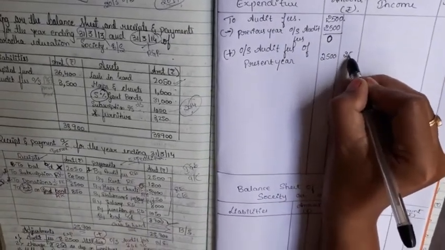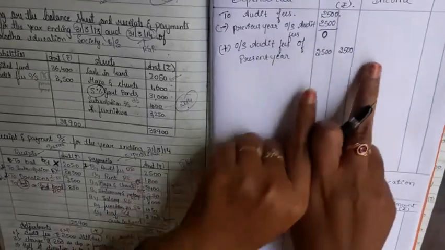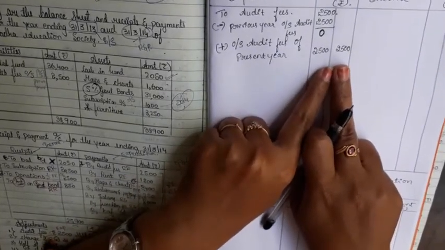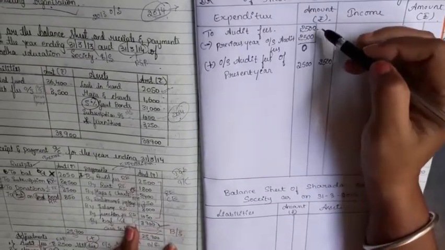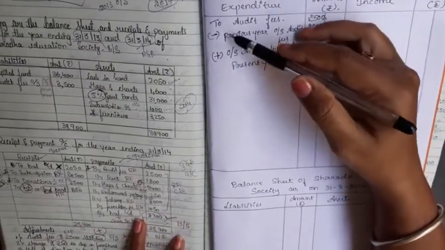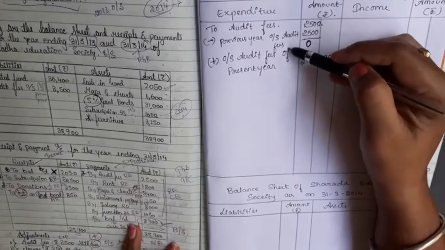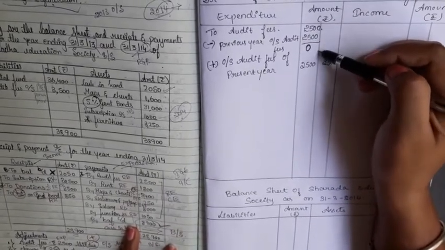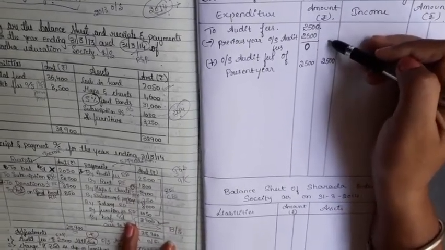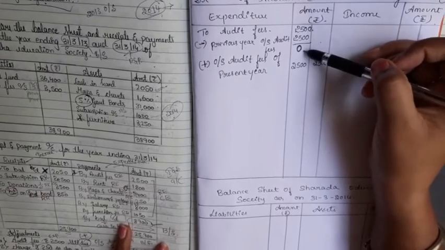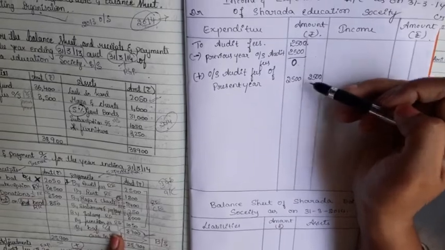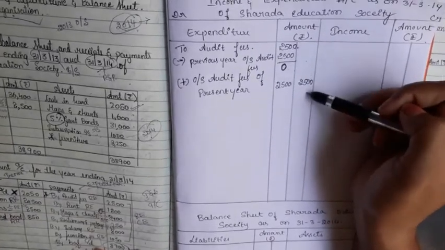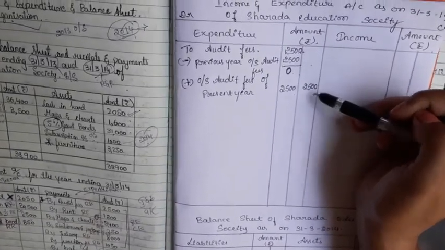So the total amount of audit fees generated for the present year is rupees 2,500. 2,500 audit fees paid in the present year. We should deduct the previous year outstanding amount in order to analyze how much we have paid in the present year. So there is no audit fees plus outstanding audit fees for the present year 2,500. So present year audit fees is only rupees 2,500.